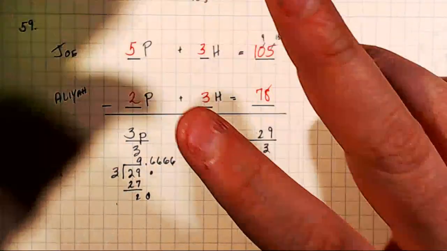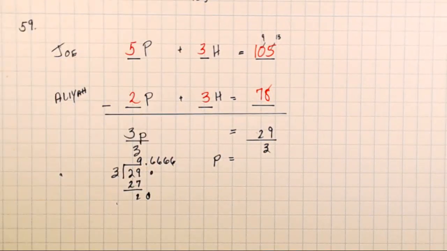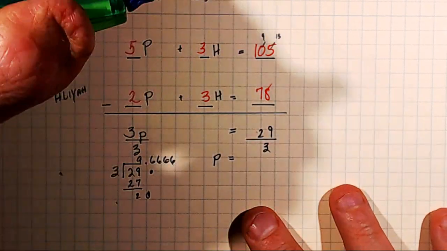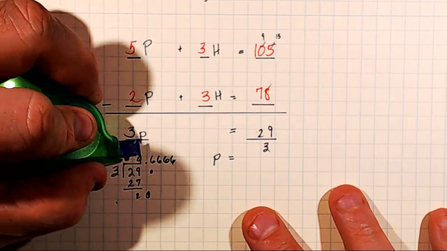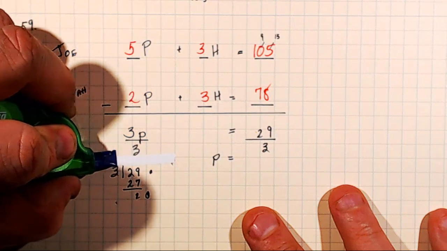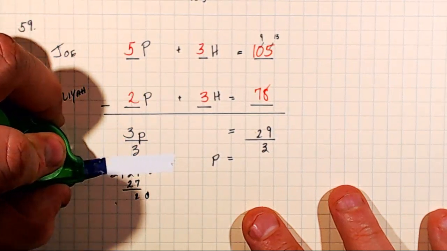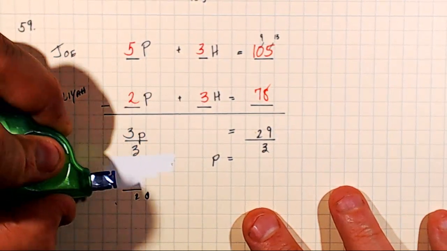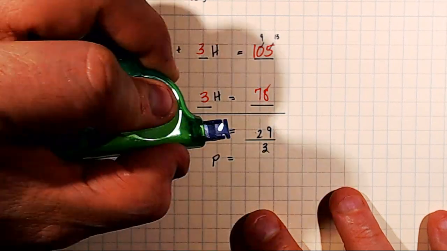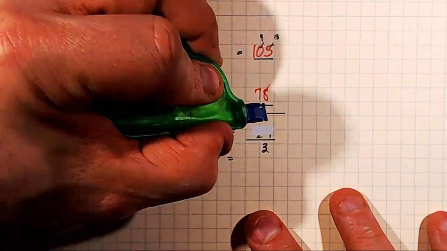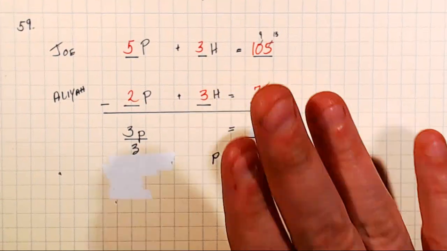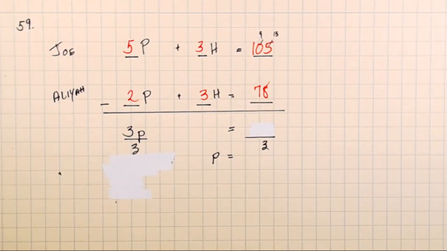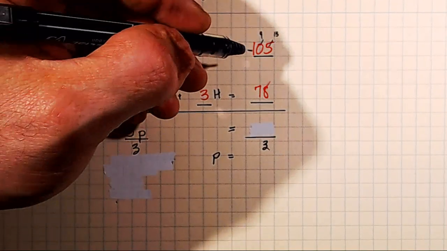Okay. Here was the problem. When I subtracted 78 from 105, I subtracted wrong. So with a little bit of magic, we'll try this again.